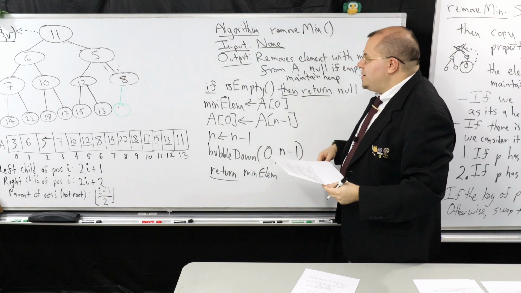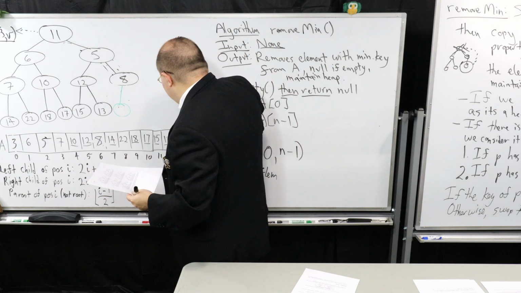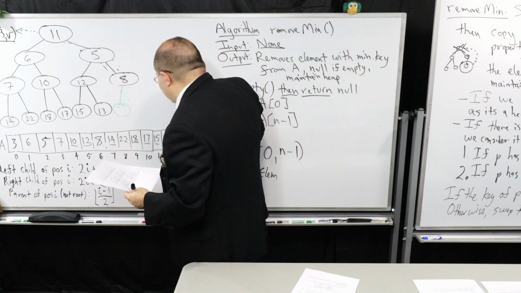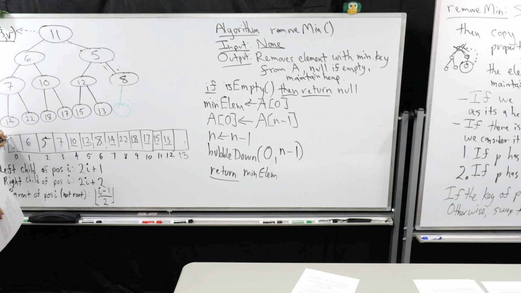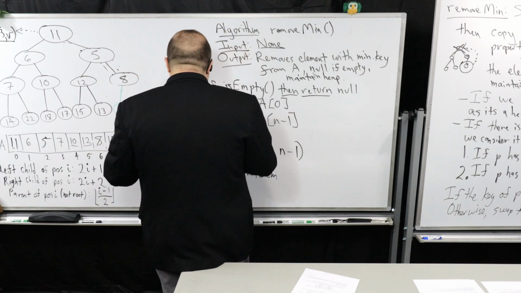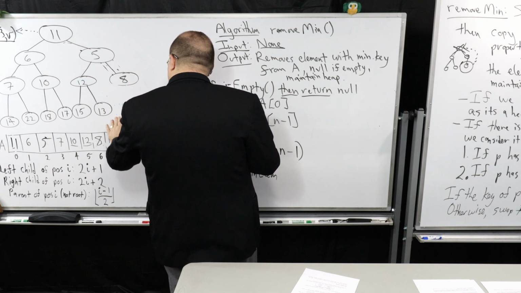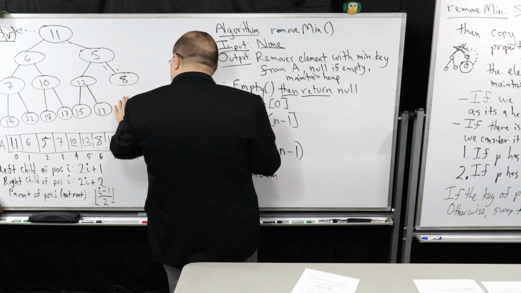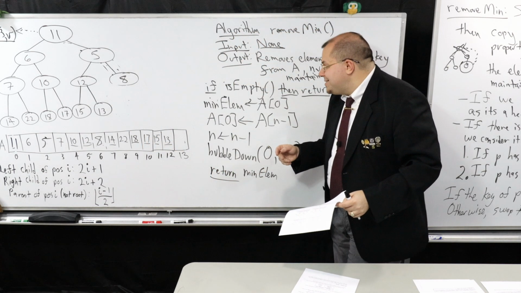Now remember, in terms of the tree, 11 is now over here. Notice I have nothing right here. That's okay. I've removed one element. As far as we're concerned, if we remove this, it's gone. We don't need this anymore, because I removed one element.